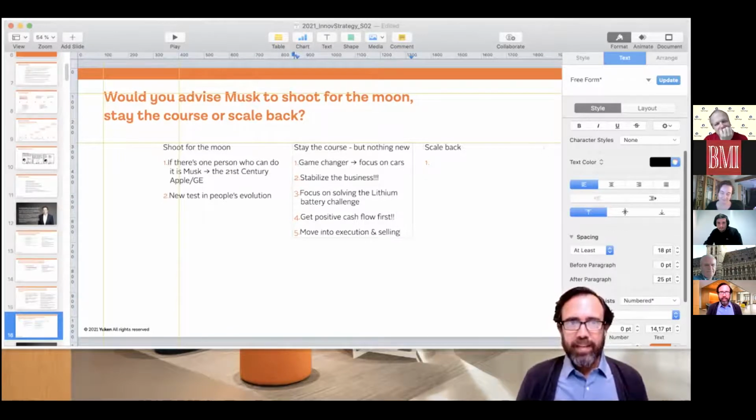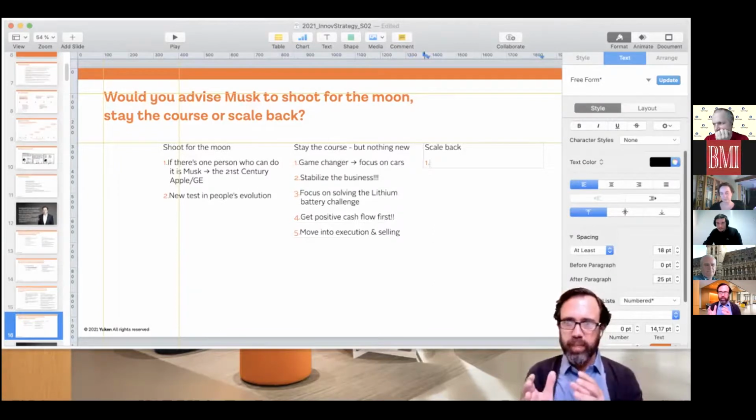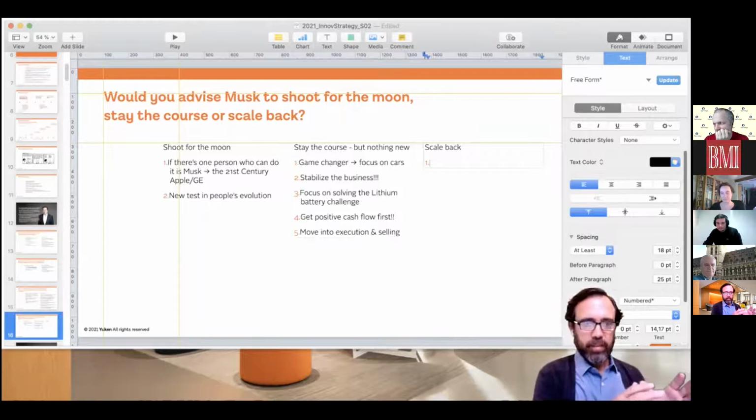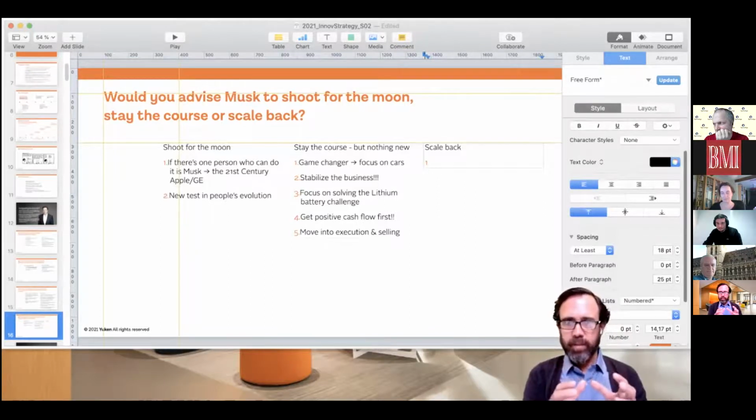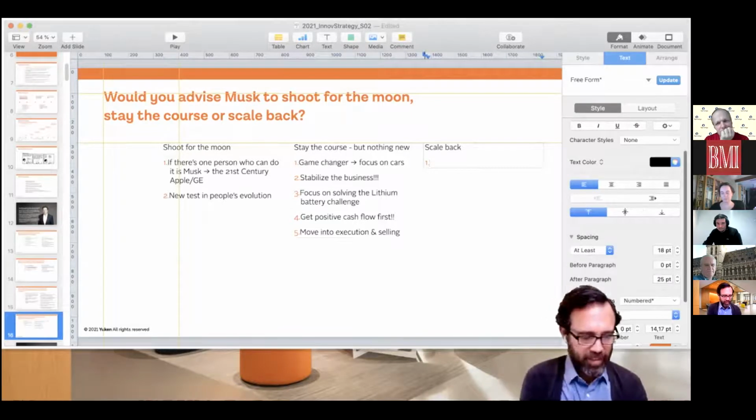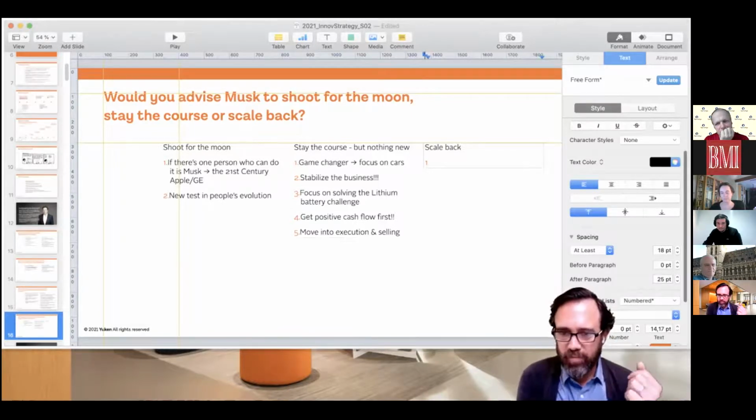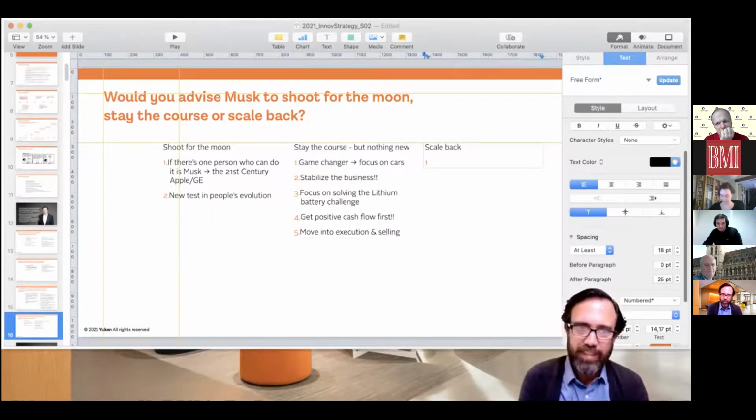Now, finally, those of you who thought we should scale back, what would you recommend in scaling back? What should the focus be? In cars, in energy, in space exploration, in battery? What would be your suggestion if you have to choose what to sell?